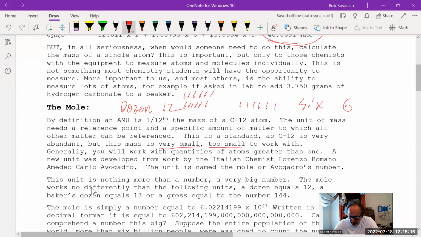Okay, so a person named Lorenzo Romano Almeida Carlo Avogadro did some work with gases, and we're actually going to discuss him in more detail towards the end of the course. Because he did this work with gases, the people who came up with the number that we're going to talk about decided to name it after him, because without his work, they would not have been able to accomplish what they did.